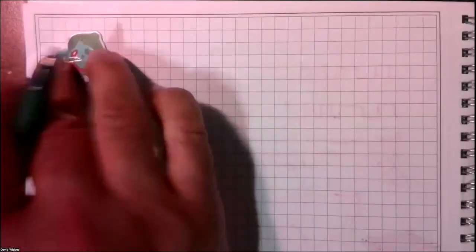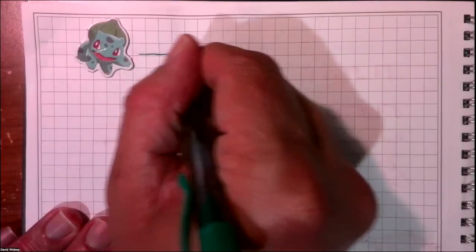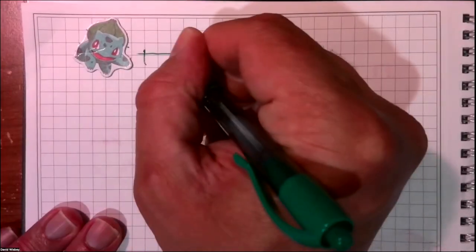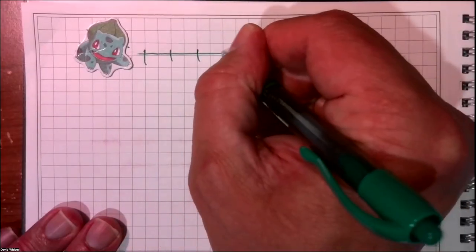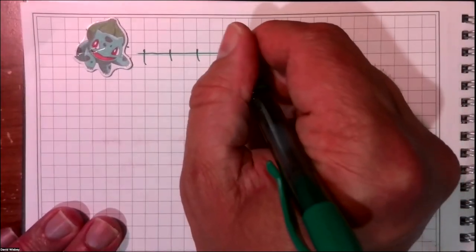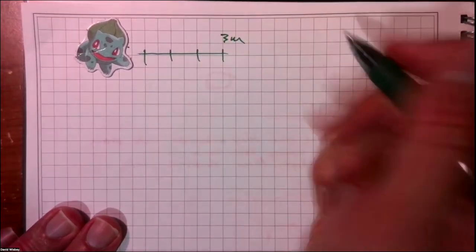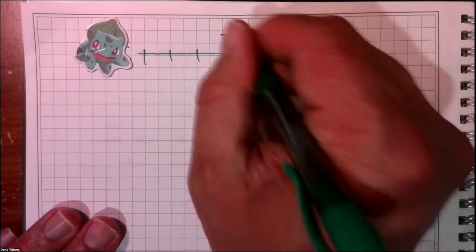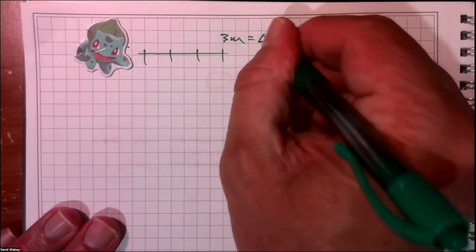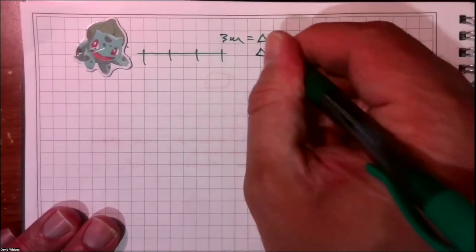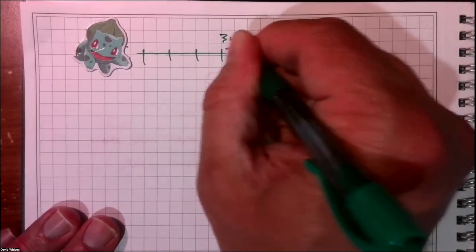Okay, so we'll say Bulbasaur, he is moving. We'll put this is 3 meters. Okay, so let's say this is 3 meters in 3 seconds. So his displacement is 3 meters, and his time is going to be 3 seconds.